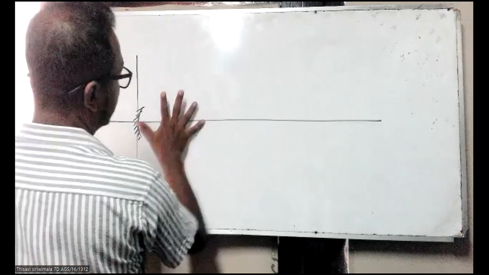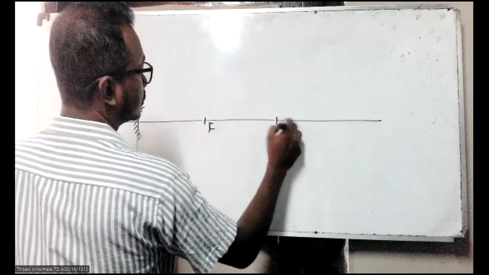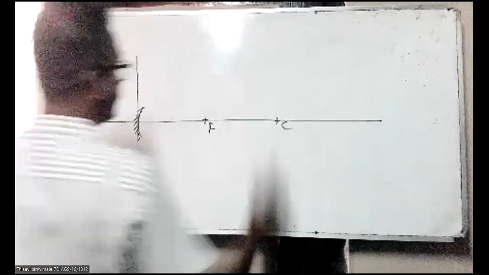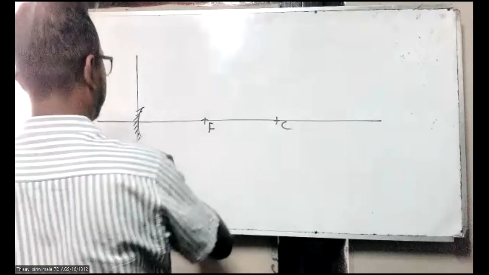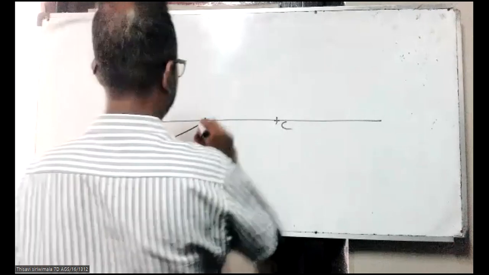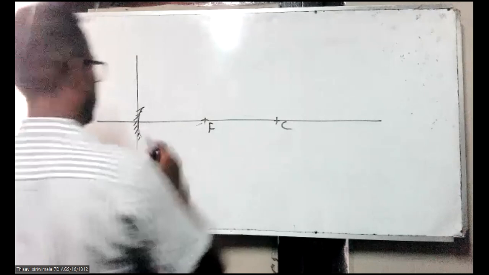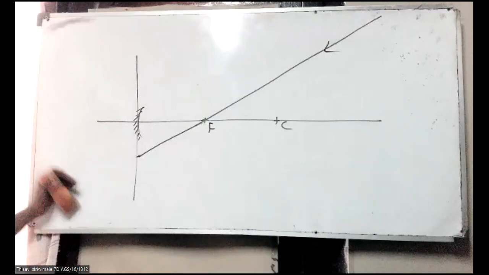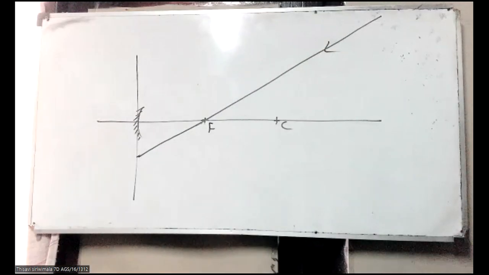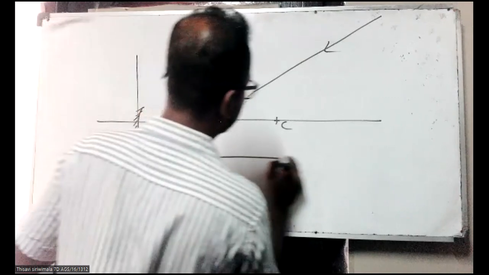So we have to mark the focus on the center. The parallel rays. This one such ray coming through the focus, right? Then that ray goes parallel to the principal axis.